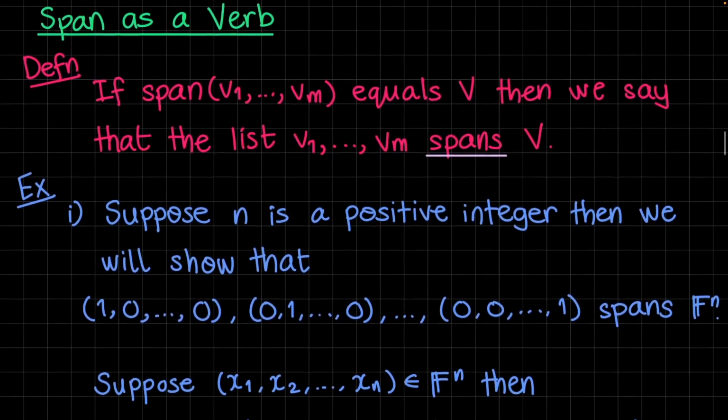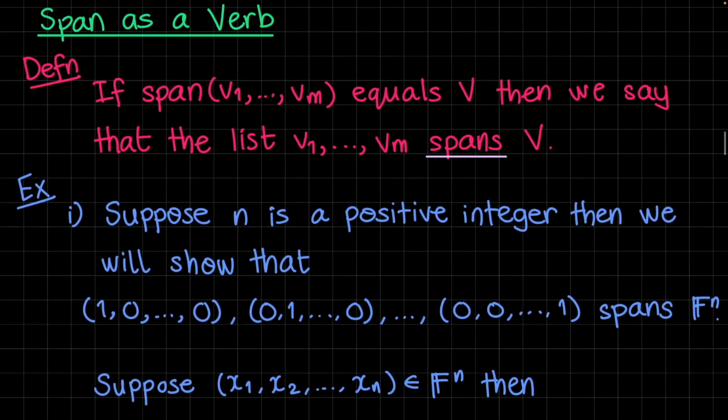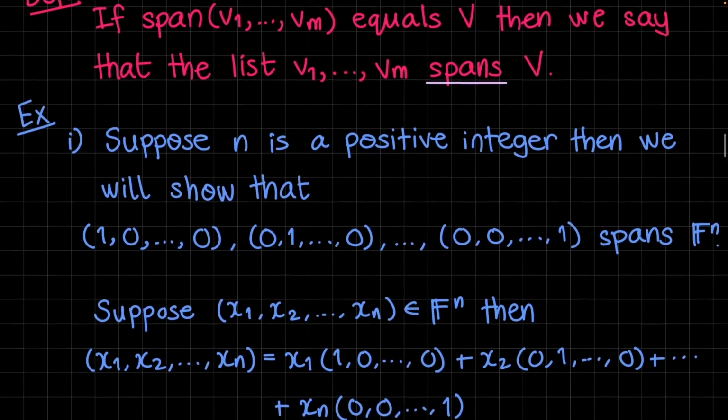Now the other important bit of the span as a verb. If the span of the m vectors v1 through vm in a list equals V, this makes sense as subspaces. If this subspace is equal to that subspace, which in this case is the entire vector space, then we say that the list v1 through vm spans V. Okay, nice.